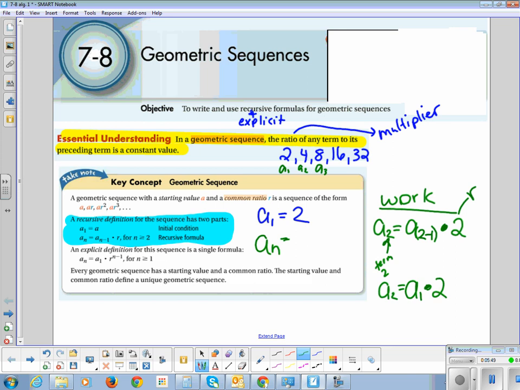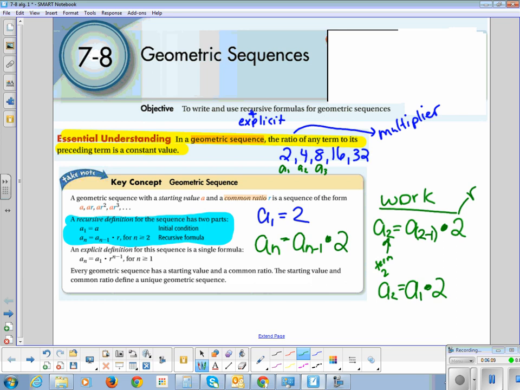So my recursive formula is going to be a sub n minus 1, and all that minus 1 says is go back to the previous term. It says go back 1, times 2.